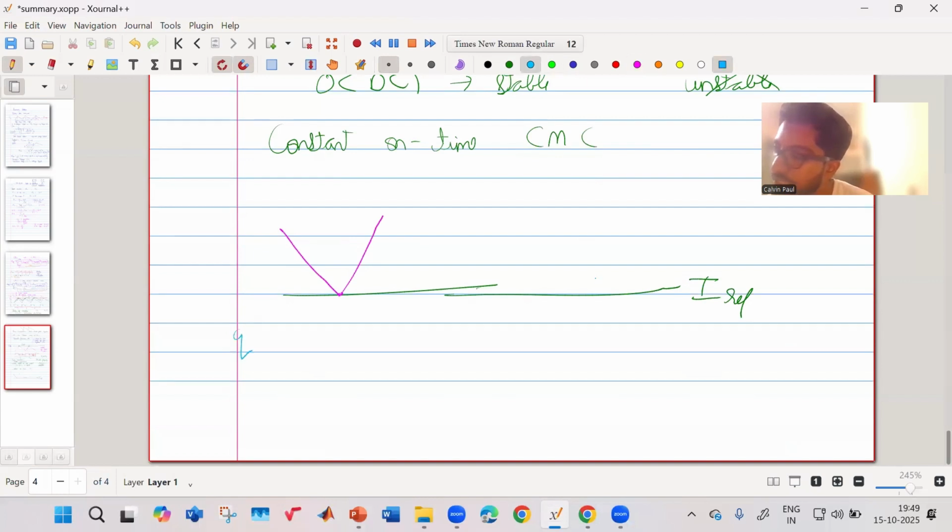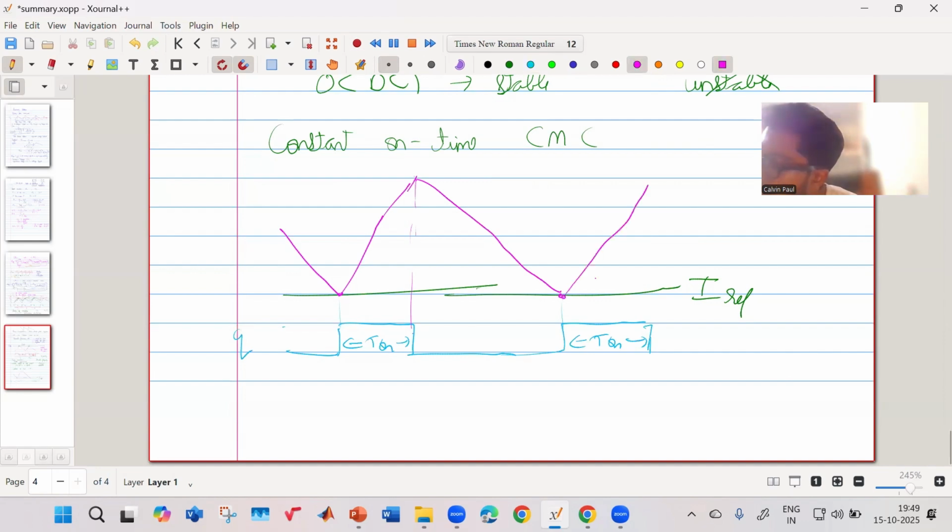It was off, then it turns on for a fixed time, and then it is off. Once it touches the valley again, you turn on for a fixed duration. The current rises again, and then it turns off.